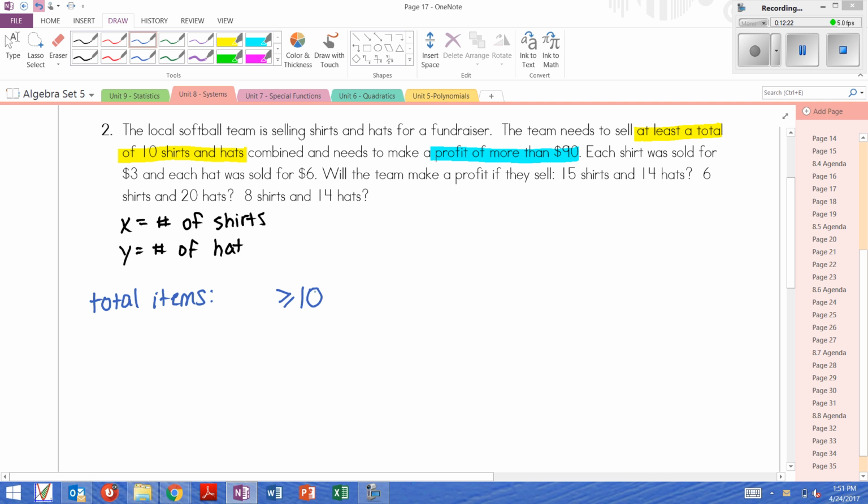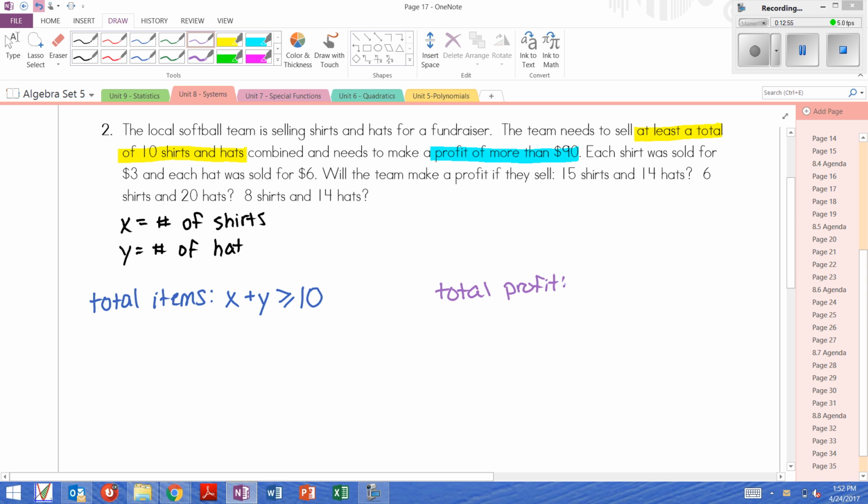What has to be more than or equal to 10? Well, that would be shirts and hats. Notice how my units are consistent. So number of shirts, number of hats, number of items. Moving on to our second inequality. They need to make a profit of more than $90. So maybe we want to call this inequality the total profit.